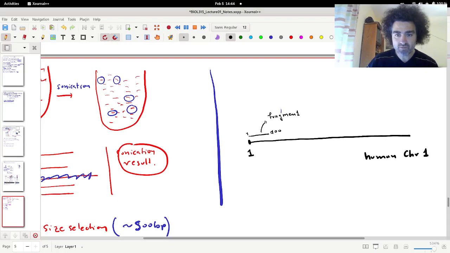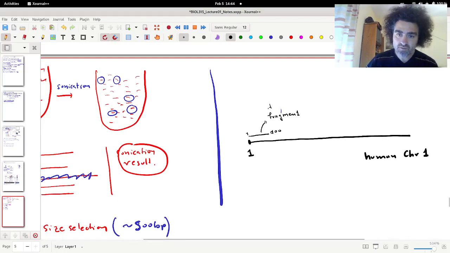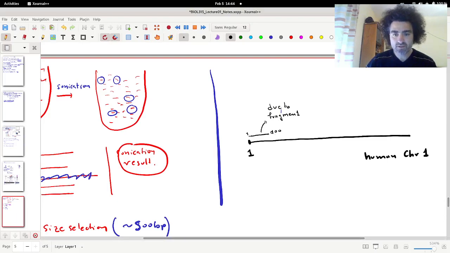This is not fragment 1, but it's due to fragment 1. So this piece that we read belongs to fragment 1.